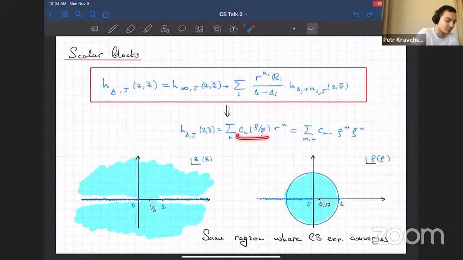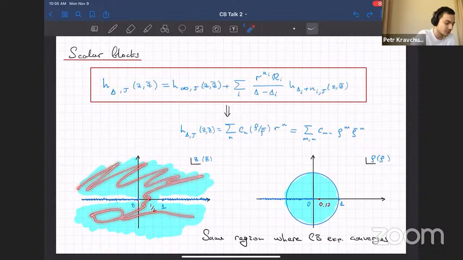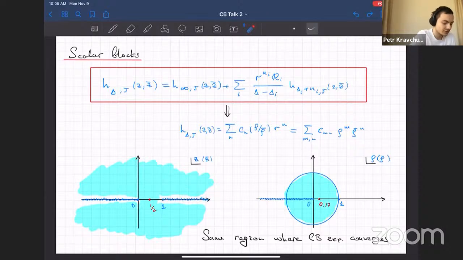If you expand the coefficients, they turn out to be polynomials in this ratio, and so you'll get an expansion in terms of powers of rho and rho bar. And this expansion will converge when both rho and rho bar are inside the unit disk. In terms of the z and z bar cross ratios, rho and rho bar being inside the unit disk corresponds to z and z bar being anywhere in the complex plane away from these two cuts, the cut from minus infinity to 0 and from 1 to plus infinity.